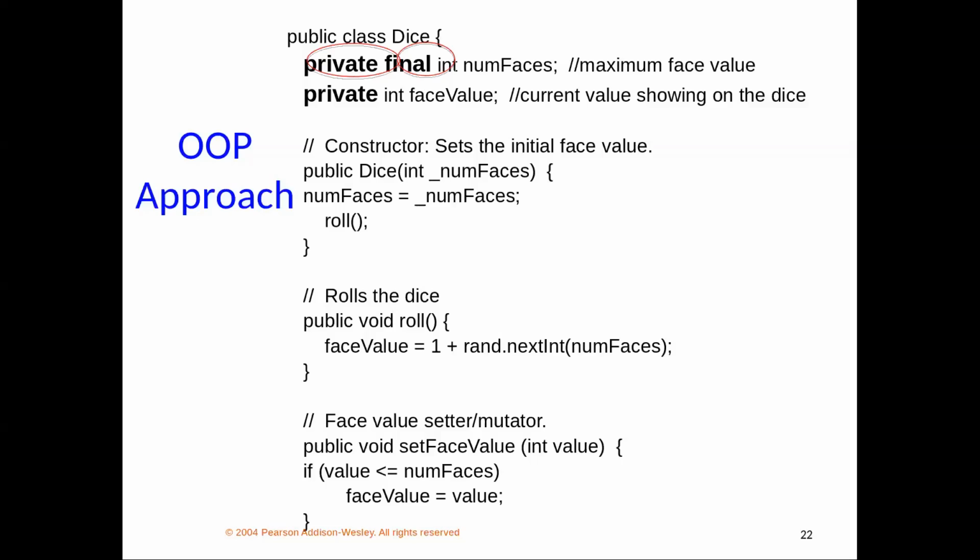So the mechanism to interact with these attributes is through the public methods, which are also called messages. You have the setter here, and you are in some ways passing a message to this object, asking it to change the value. And we can also see the advantage of encapsulation here: you're controlling the way in which the value gets changed.